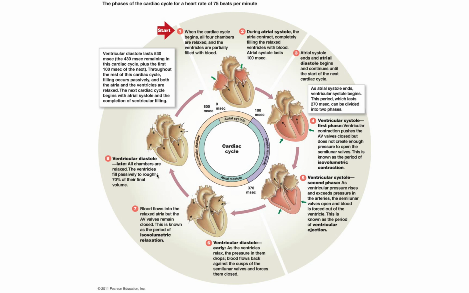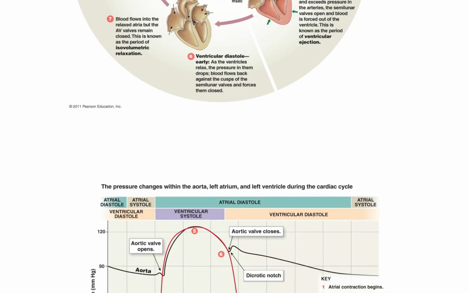Then in late ventricular diastole, all the chambers are relaxed and blood flows passively into the ventricles because the pressure in the ventricles is the lowest at this point. And this cycle just keeps on repeating over and over and over until you die.